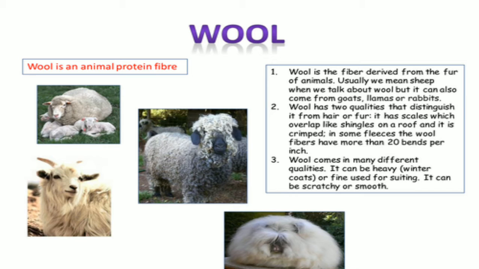It is different from hair or fur, and it has scales which overlap like shingles on a roof, and it is crimped in some places, where the wool fibers have more than 20 bands per inch, and wool comes in many different qualities.